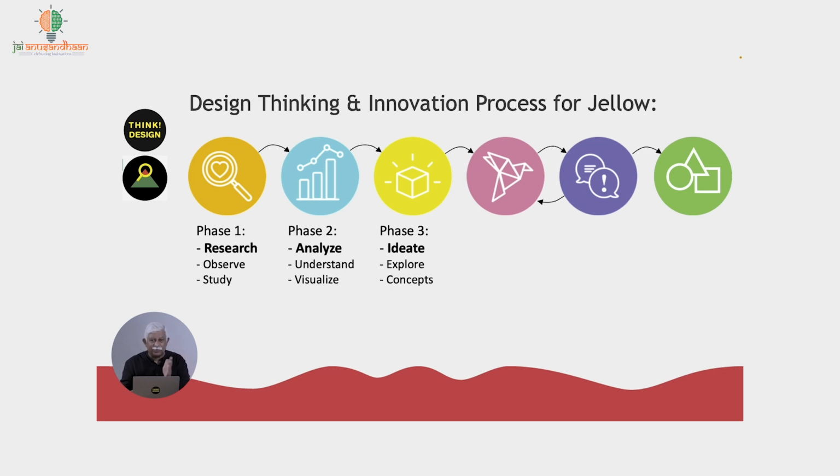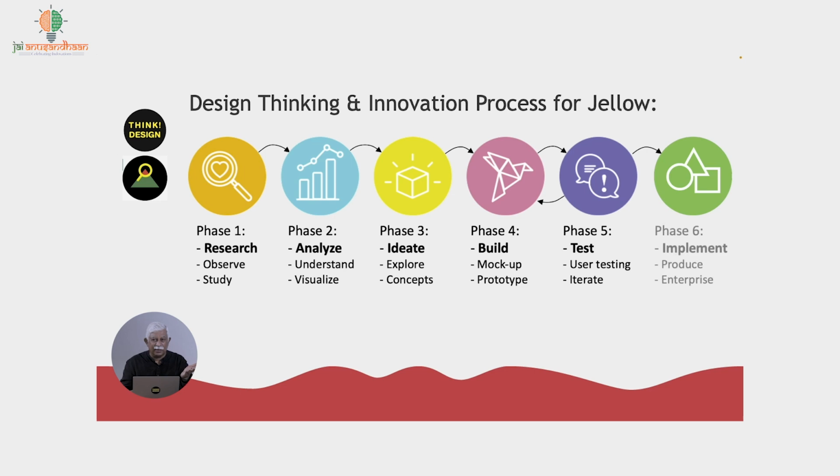So change in technology also made a difference. We built prototypes, starting with mock-ups, tested them out with the users, and iteratively redesigned the ideas that we had, and then finally implemented into a social enterprise.